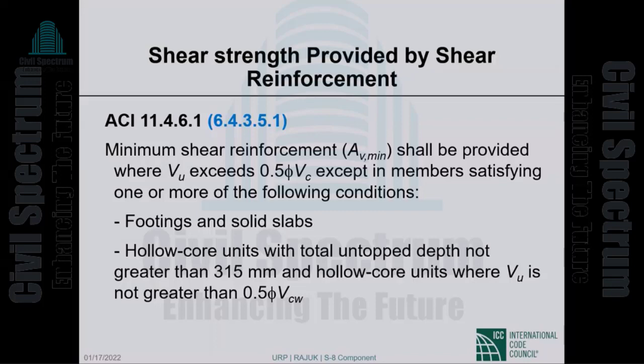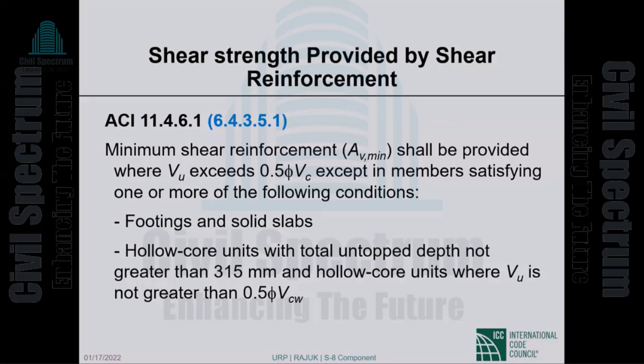Footings and solid slabs, okay, we do not provide shear reinforcement unless shear exceeds phi times V sub c. Hollow core units, so these are members in which no shear reinforcement needs to be provided unless shear is phi times V sub c or more. No shear reinforcement at half of phi times V sub c.